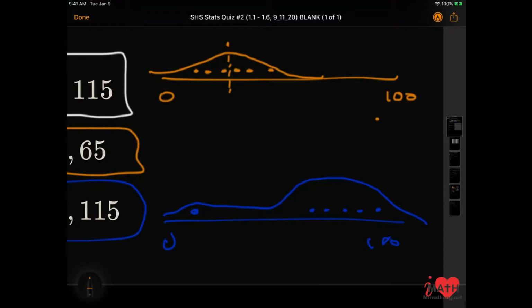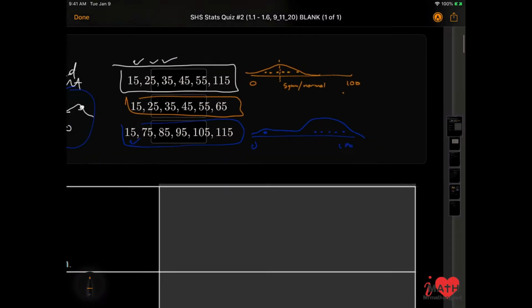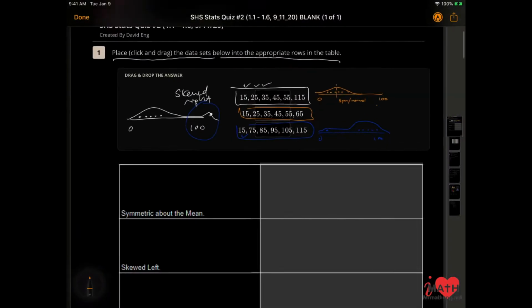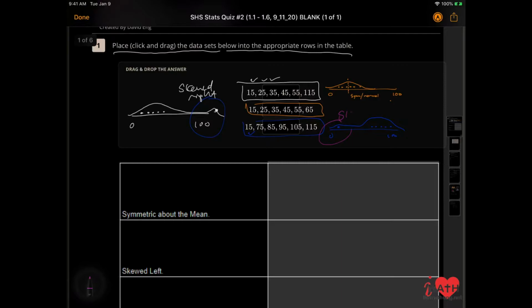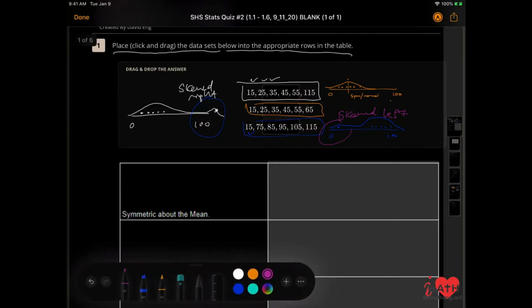There is your median and mean. So your answer would be symmetrical or approximately normal. And there's only one outlier there, so your data is skewed to the left. The tail is going towards the left. You're skiing to the left.